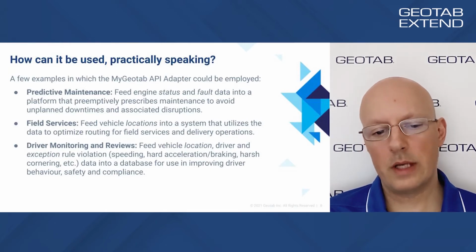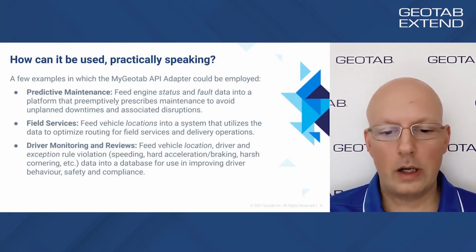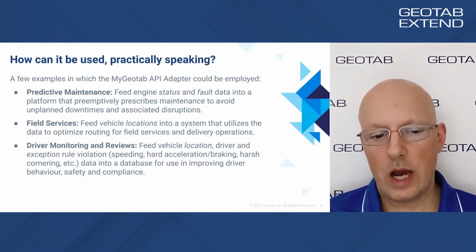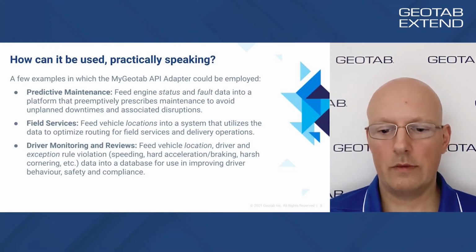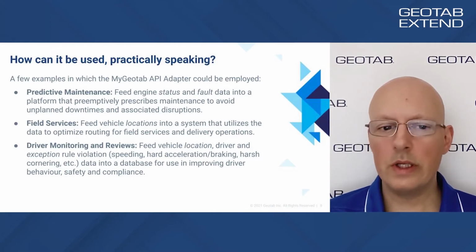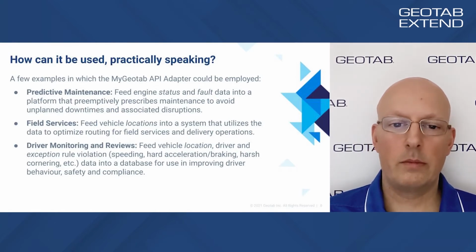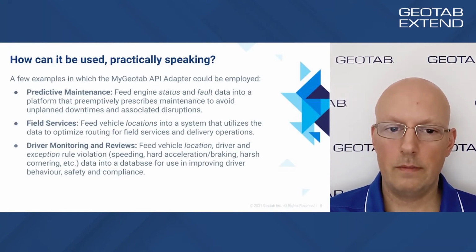And then in the third example, we're monitoring and reviewing driver behavior. We're using a combination of the vehicle location data as well as driver and exception rule violation information. So really the scenarios just use different sets of data that are being pulled from your MyGeotab database.